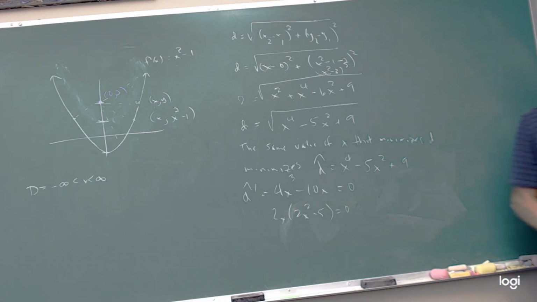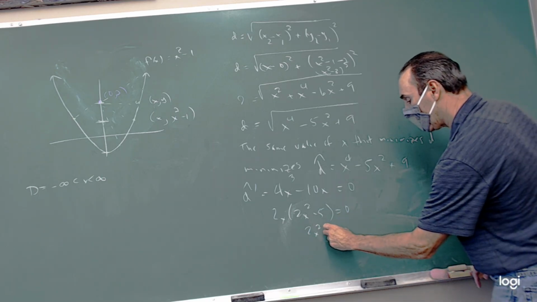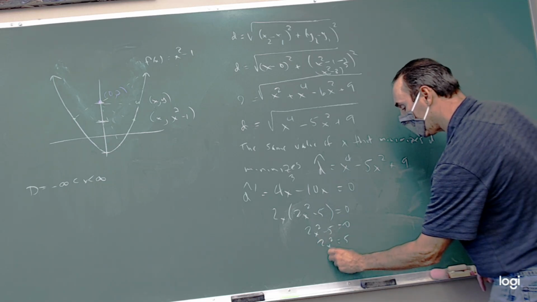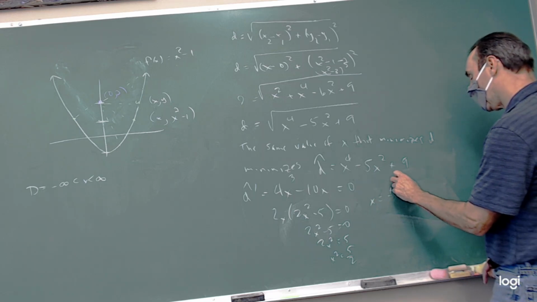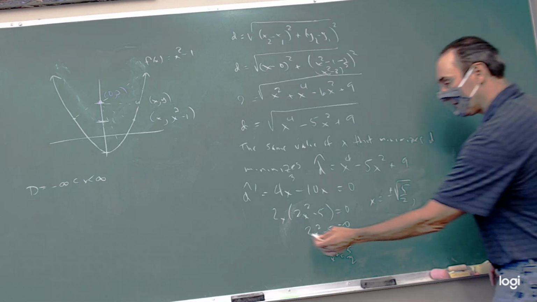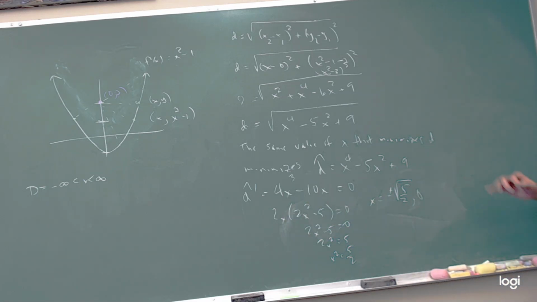Is that okay there? And so we're going to take 2x squared minus 5 equals 0. So 2x squared is 5, x squared is 5 halves. X will be positive or negative square root of 5 halves. Yuck. And we also get a 0 from there. These are our critical points. There's 3 of them.